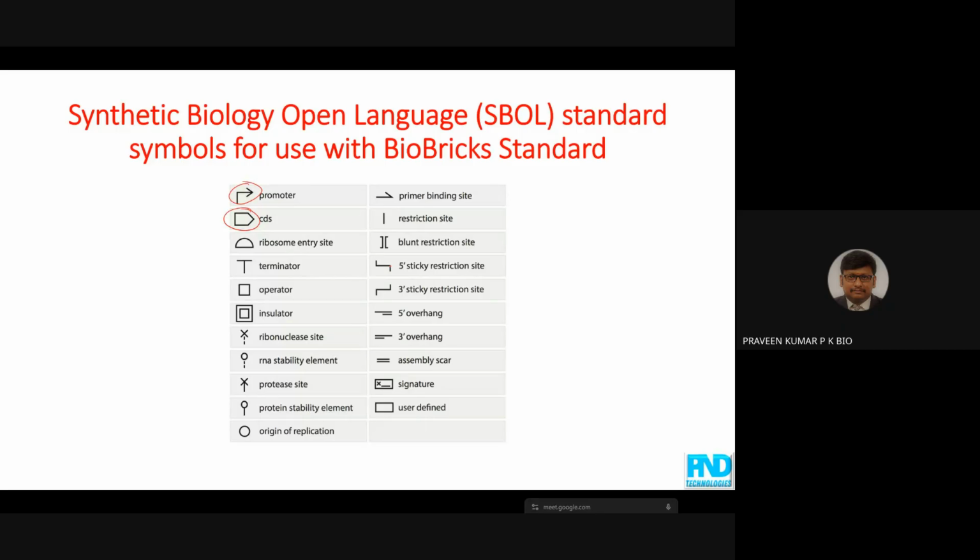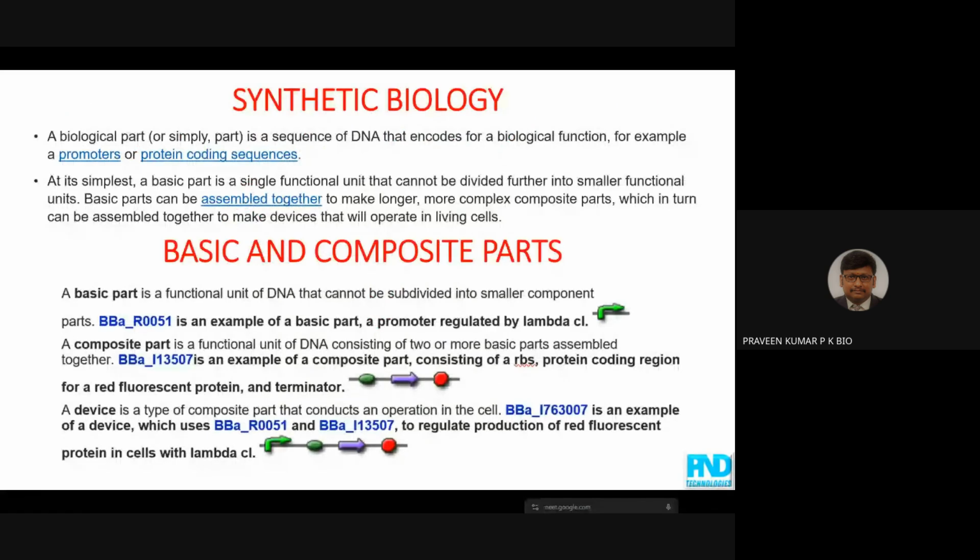The 5 prime sticky restriction site is like this, and 3 prime looks like this, but the 5 prime overhang is something like this. You can see all these symbols are connected to form the genetic circuit, like however you find an electric circuit where we find different kinds of gates. Similarly, as in electrical engineering, all these parts of a gene are connected, and that's what we call a genetic circuit.